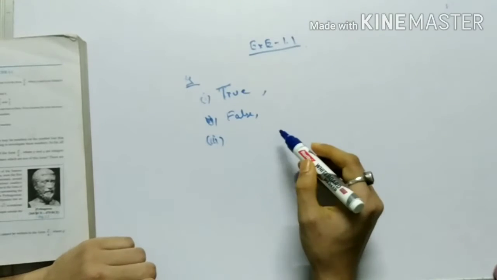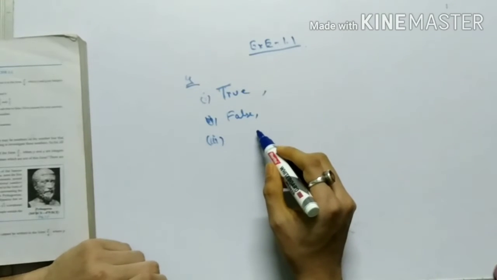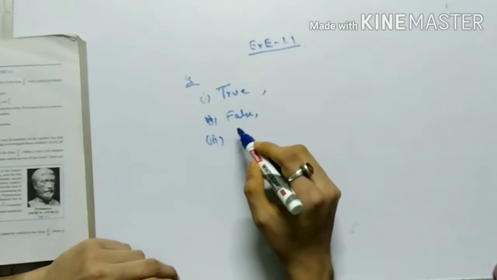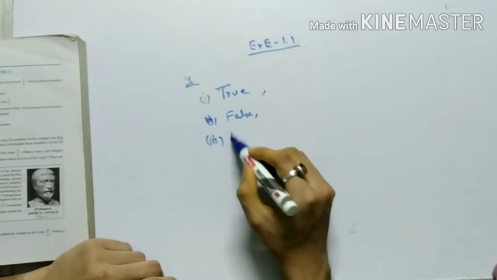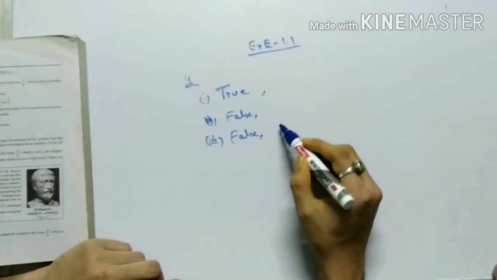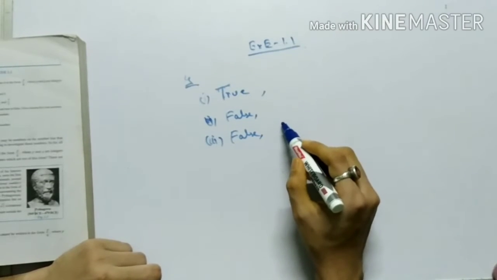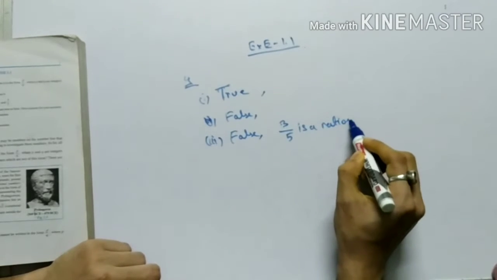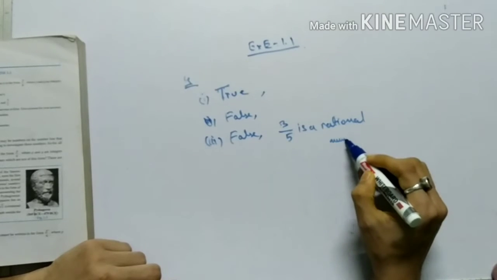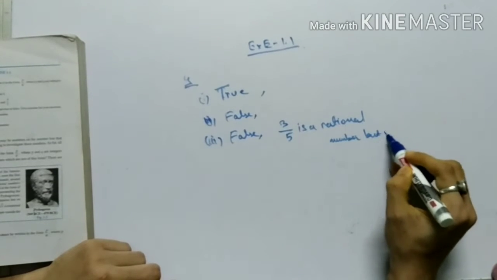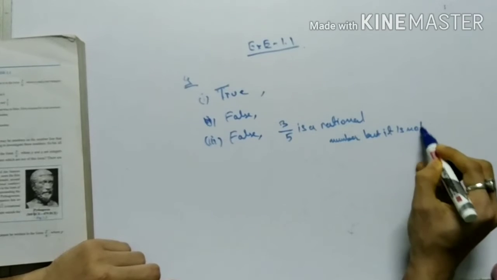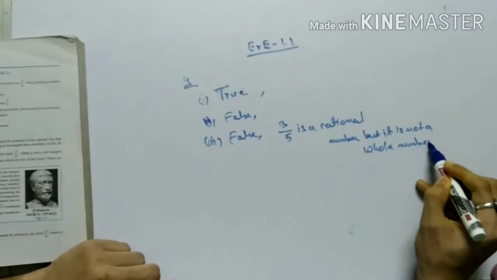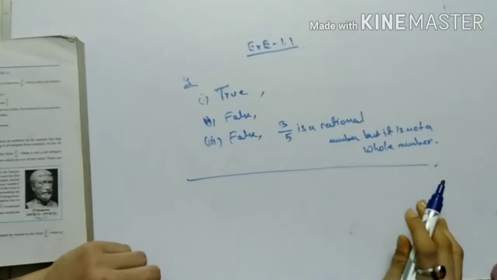For example, 3 by 5 is a rational number, but it is not a whole number. So the reasons you check what I have given in the class.